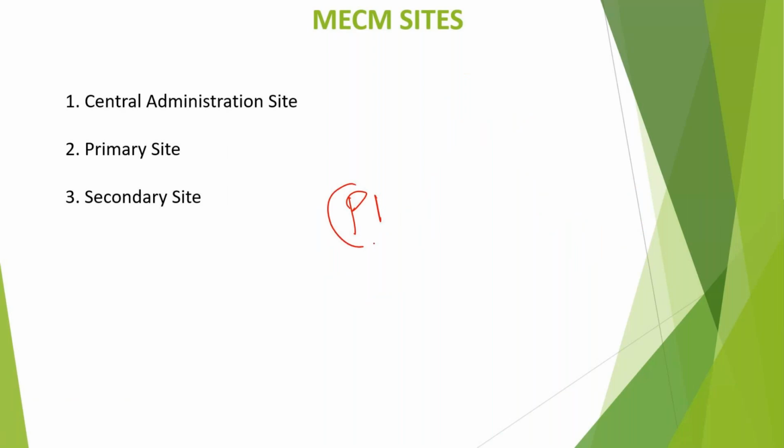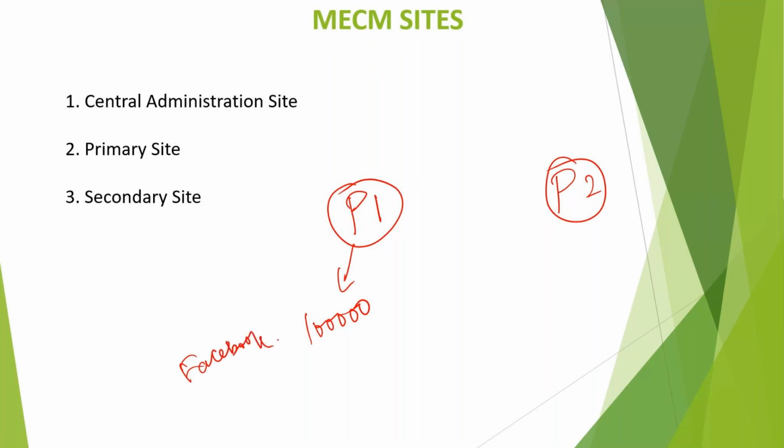Let's say this is primary one and this is primary two. So it is going to manage these 100,000 devices of Facebook, and this is going to manage another 100,000 devices of Instagram, right?